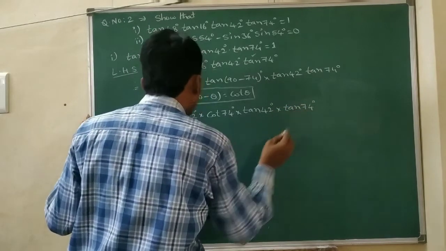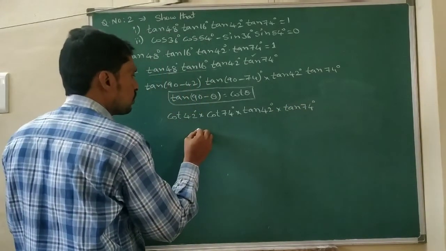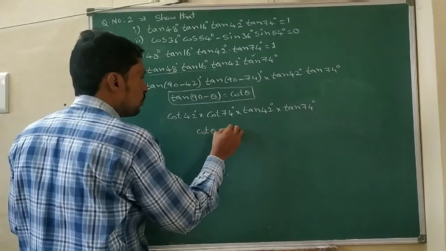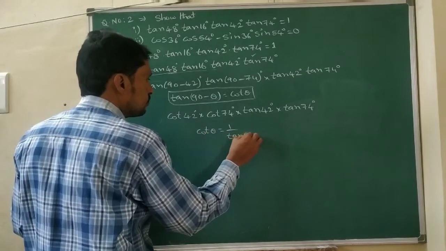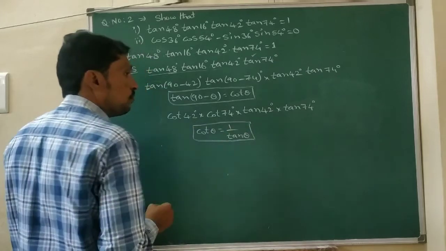Already we know the formula, cot theta equal 1 by tan theta.